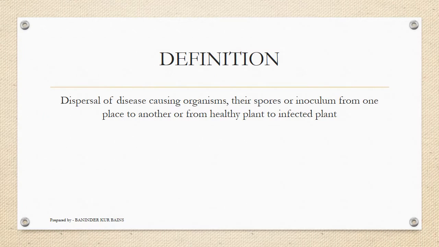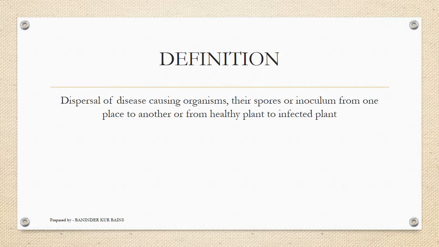Definition. So it is a dispersal of disease causing organisms, means the pathogen. It is transmitted from one infected plant to healthy plant, or the plant pathogen is being transmitted by its vector, or it is transmitted from its alternate host to the main host. And then their spores.